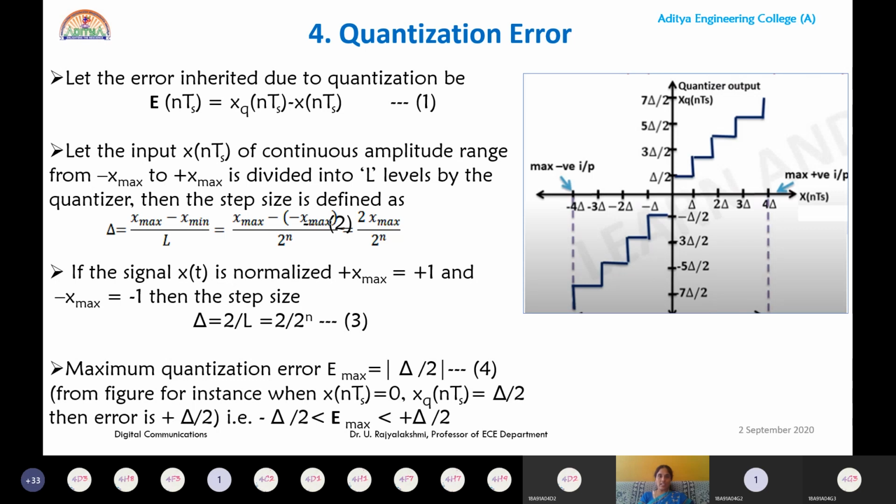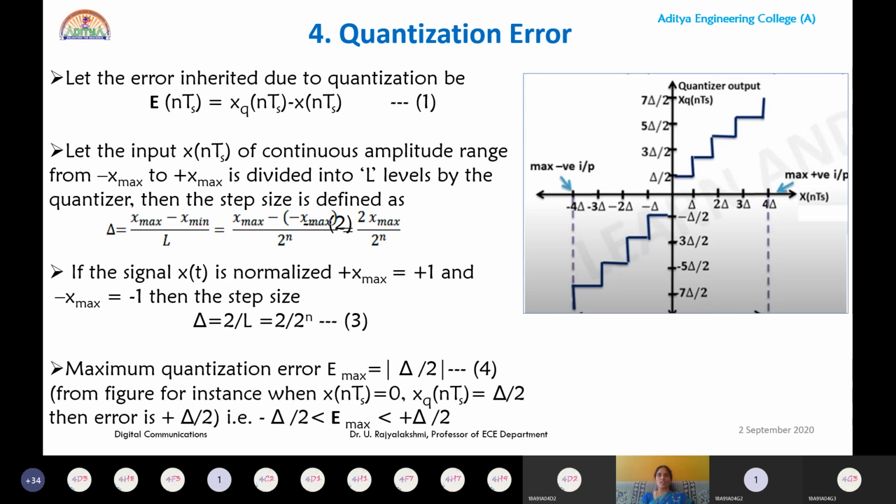It is a mid-rise type of quantization, because in these characteristics the origin lies in the rising position of the staircase waveform. Here the staircase waveform is represented with the blue color staircase response.